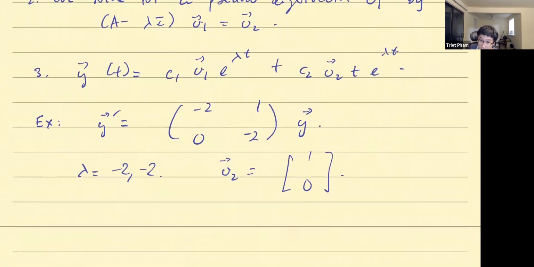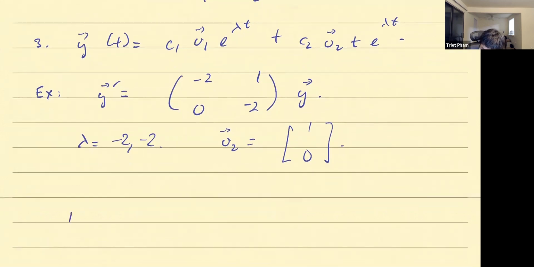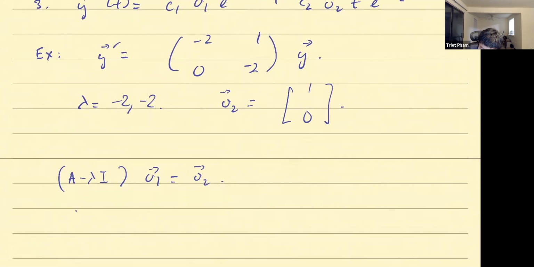So then the step tells us that we find V1 by looking at A minus lambda I V1 equals V2. If you plug in, you get 0, 1, 0, 0 times V1 is equal to V2, which is 1, 0.